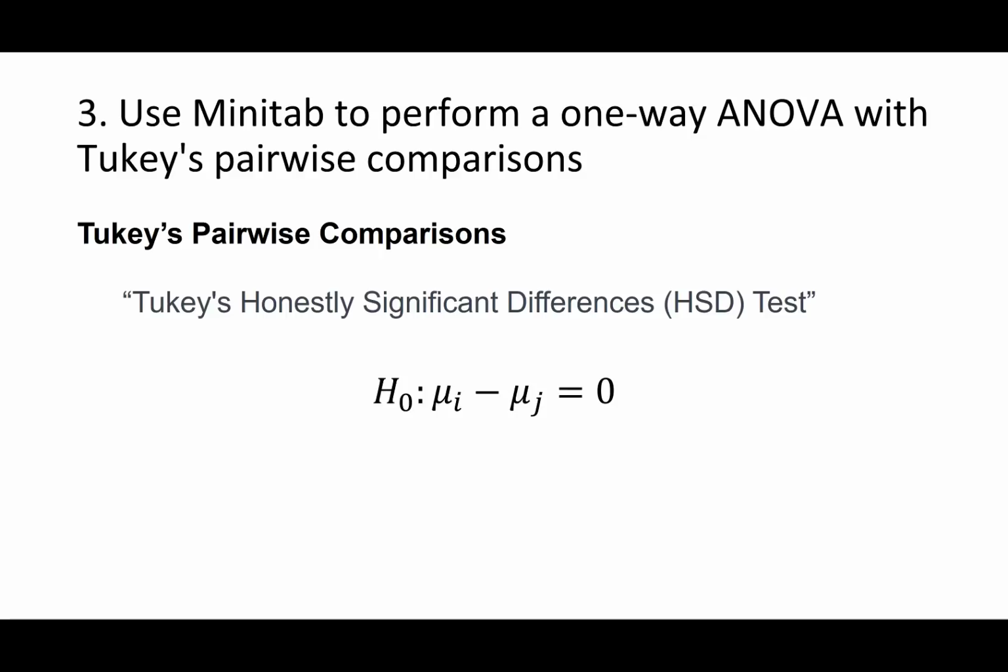The null is that the population means are equal, and the alternative is that the population means are not equal. We'll go to Minitab Express now so I can show you how to conduct a one-way ANOVA there with Tukey's pairwise comparisons. This will lead nicely into the last two learning objectives, which involve interpreting these results.